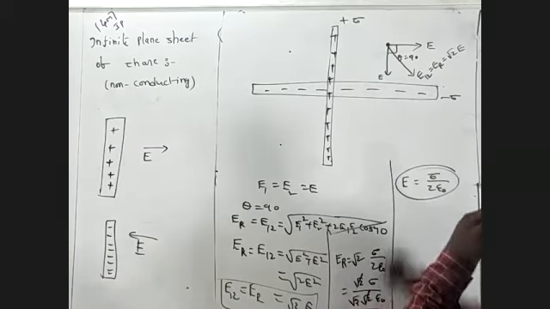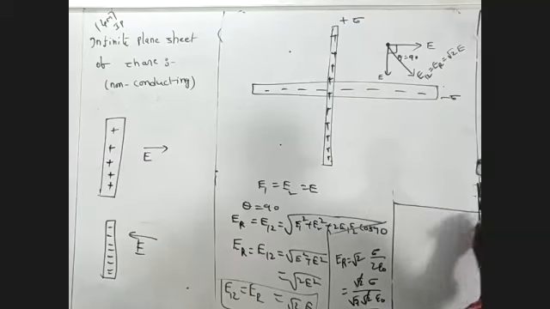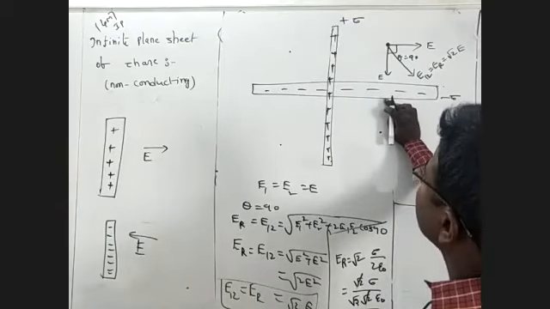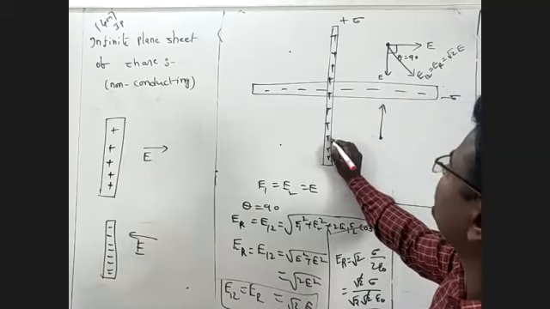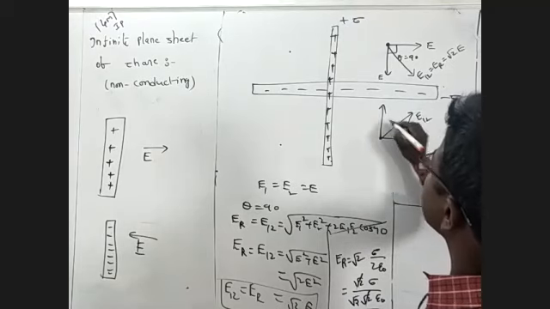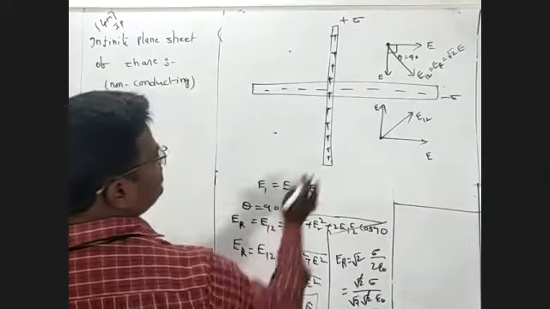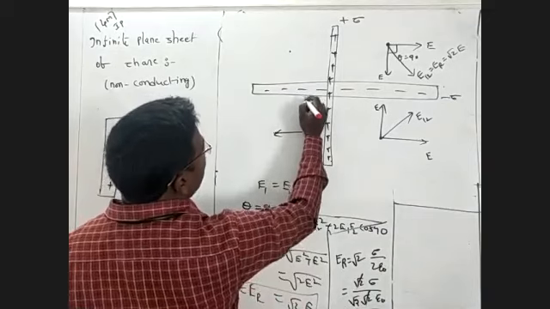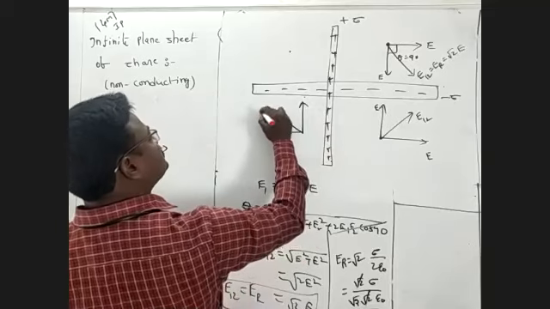Okay. Now at this place, the direction of electric field is inward. At this place, what is the direction of electric field? Outward. This is E1. At this point, outward direction; at this place, inward direction. This is the direction of electric field, and this is root 2E.